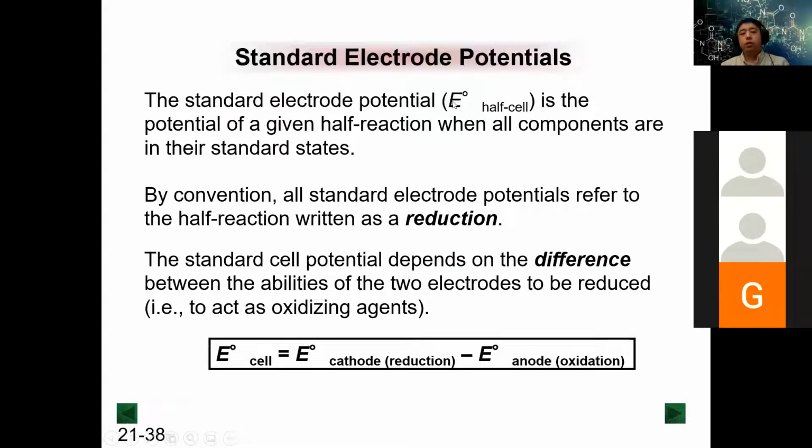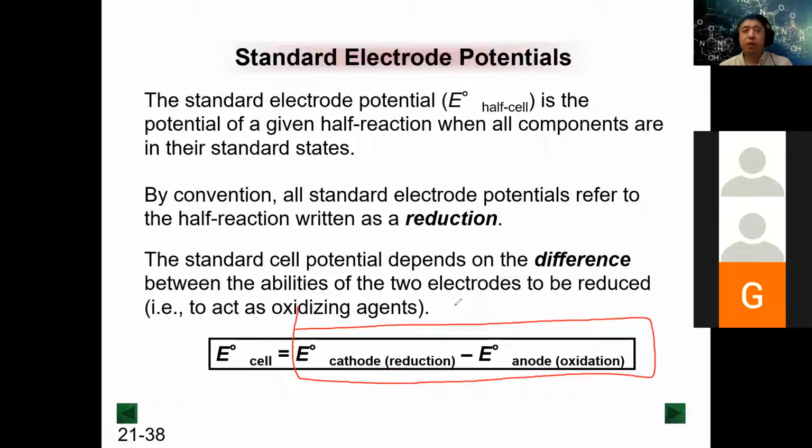In order to figure out what our value of E cell is, it is always going to be this setup right here. It is always going to be the cathode minus the anode. What did we say the cathode was? Was it the more positive one or the more negative one?